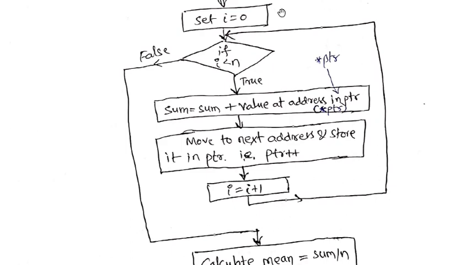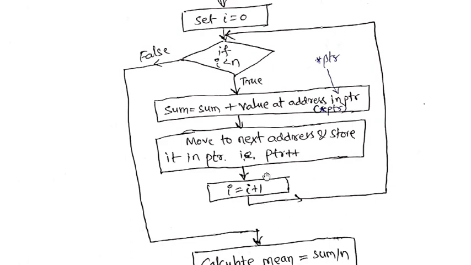So this will loop back and the condition is checked again. If I is less than n, if all the elements are not yet complete, it will come here, find the next value, add it to the sum, move to the next address location, and increment I is equal to I plus 1.